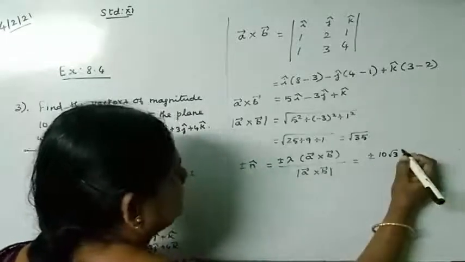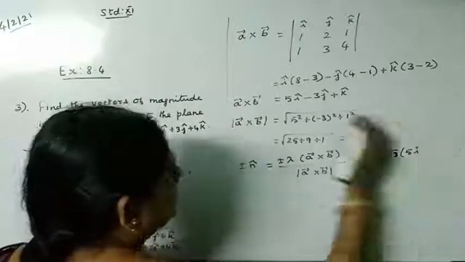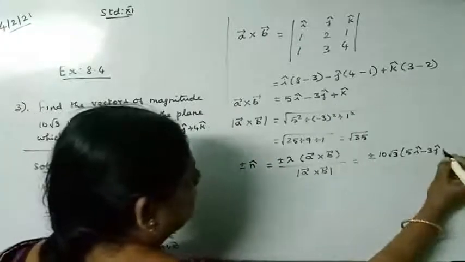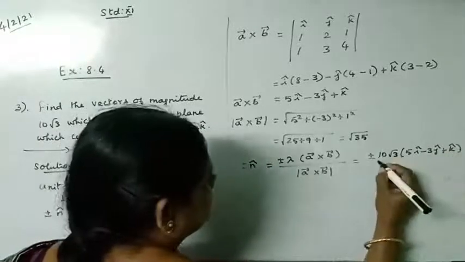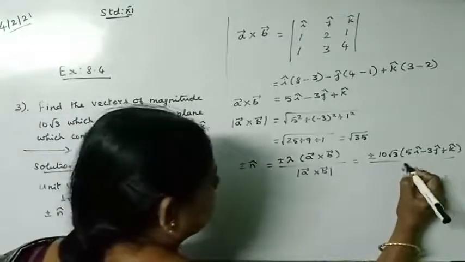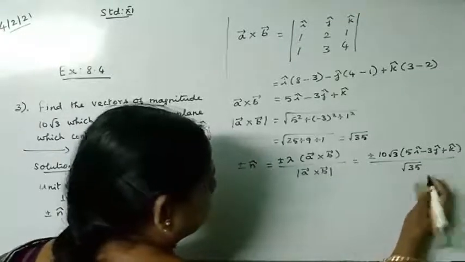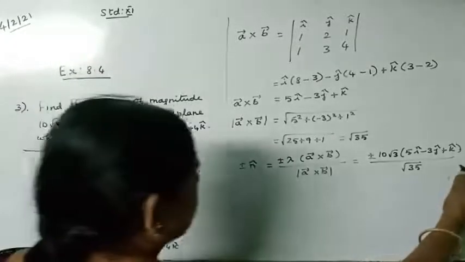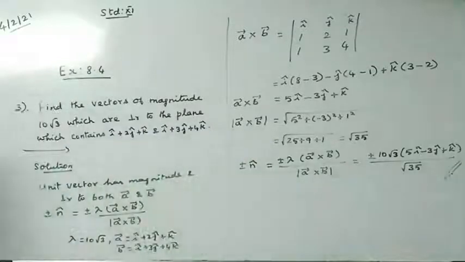And A cross B is 5 i cap minus 3 j cap plus k cap, divided by modulus of A cross B, which is square root of 35. This is the answer. So the answer is plus or minus 10 root 3 into (5 i cap minus 3 j cap plus k cap) divided by root 35. Now question number 4.